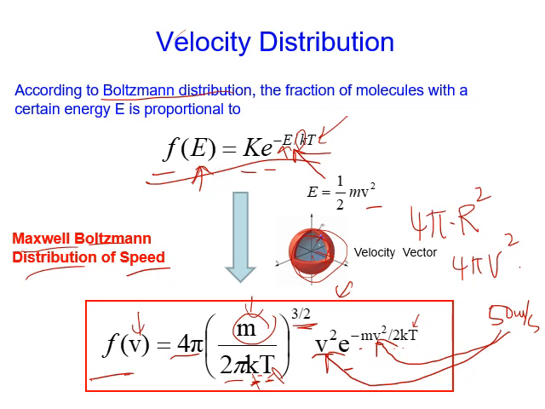Then you can calculate the percent or fraction of molecules with a velocity of 50 meters per second based on this equation. If you plot it, you should get the familiar curve like this one. A small percent of molecules have a low speed, a small percent have a high speed, and the majority of molecules have a certain speed here called the most probable speed.